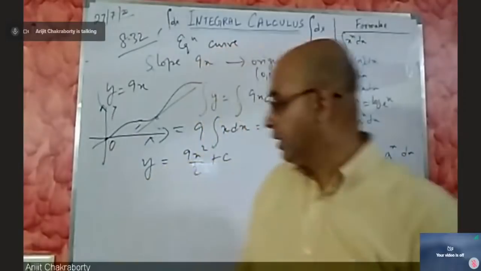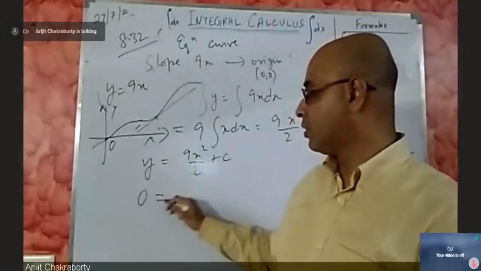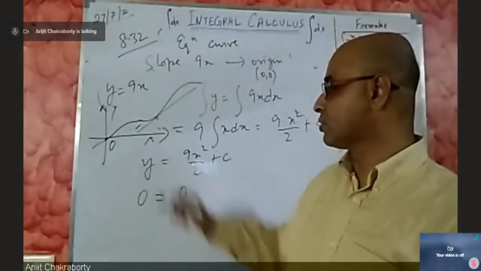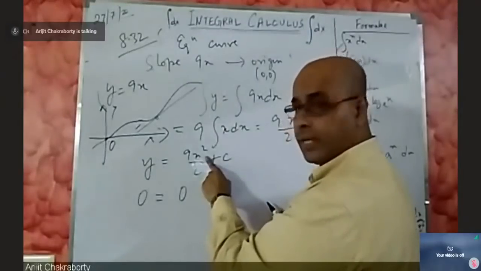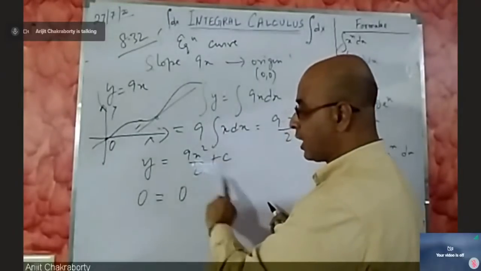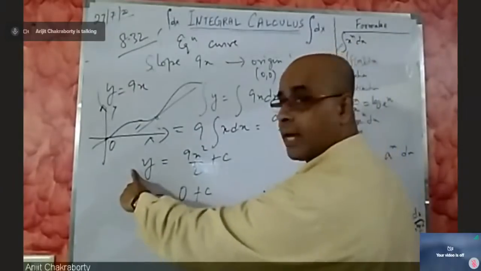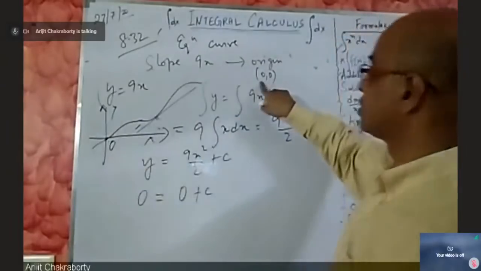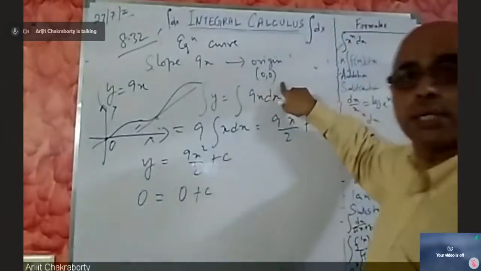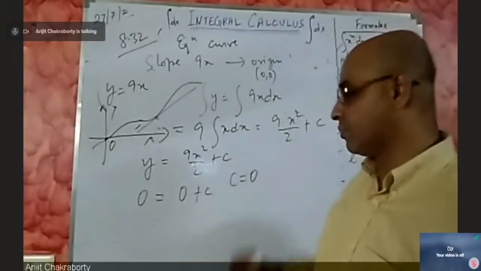It means when X is equal to 0, Y is also equal to 0. So if you put X equal to 0, the right hand side becomes 0 by 2 plus c. Left hand side is 0 because it passes through the origin. Origin means 0, 0. So that means here the constant c is equal to 0.